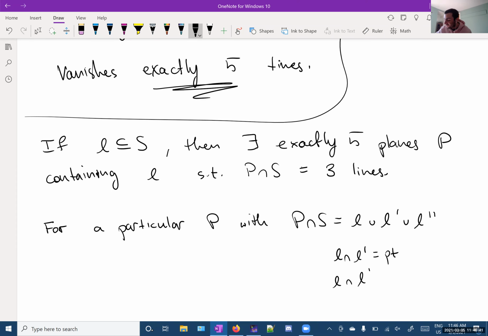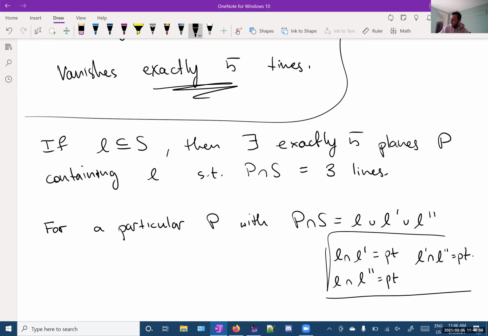L intersect L double prime is a point. And L prime intersect L double prime is a point. Because these are all lines contained in a plane, and so they always intersect each other. So they all pairwise intersect.